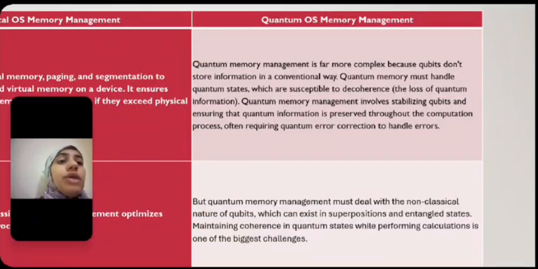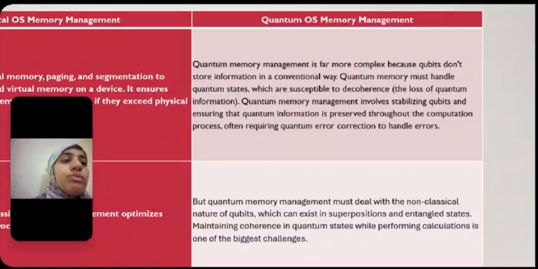Quantum memory must handle quantum states, which are zeros and ones at the same time, and which are susceptible to decoherence, the loss of quantum information.